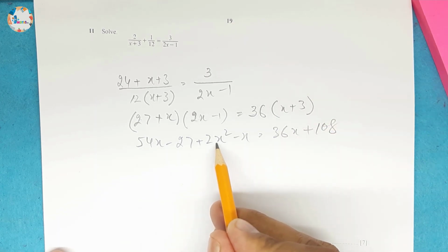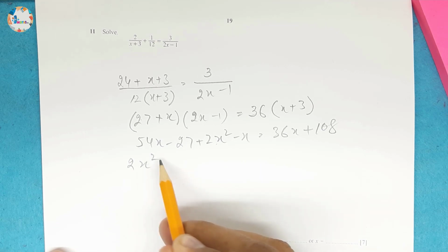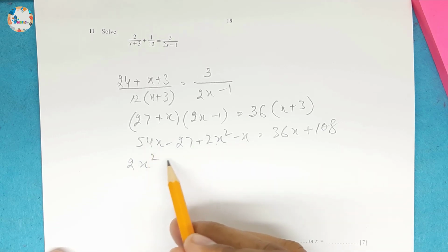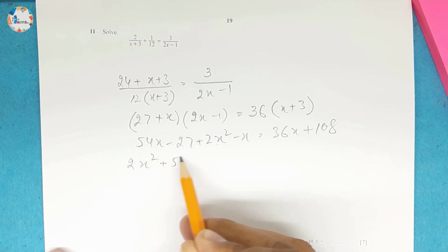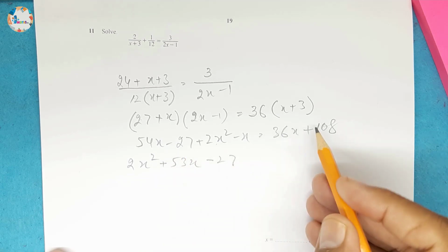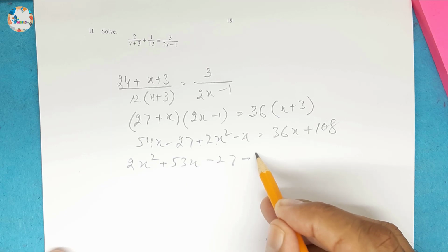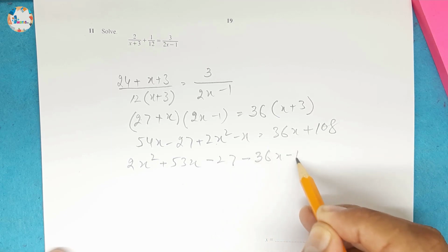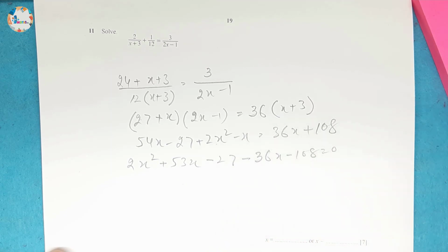Now x squared is this one, so we can write 2x squared, and this will be plus 53x, and this will be minus 27, and these also we can shift to this side. Minus 36x and minus 108 is equal to 0.